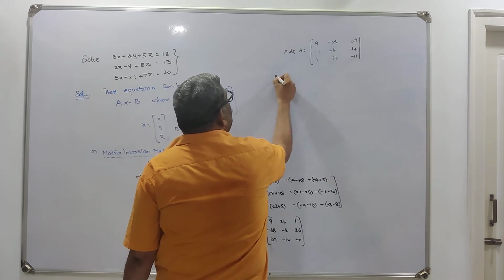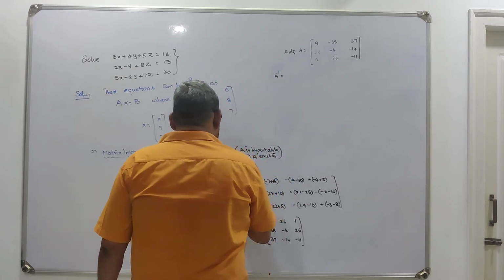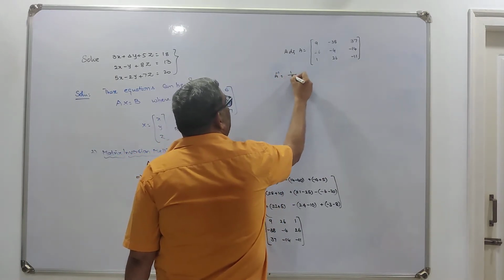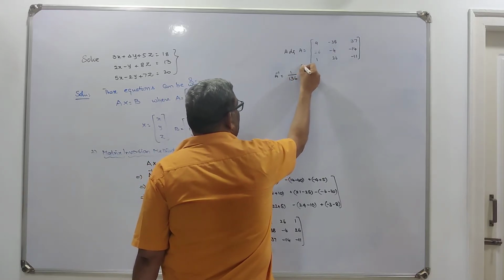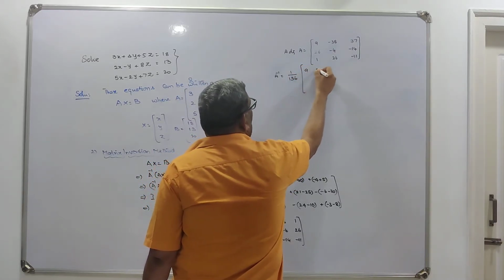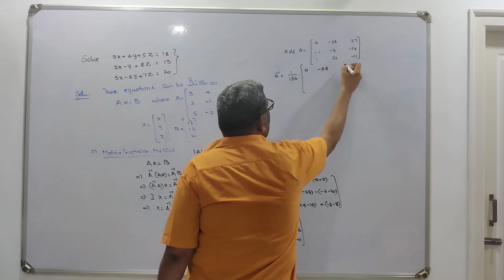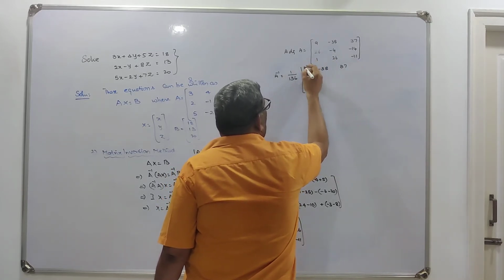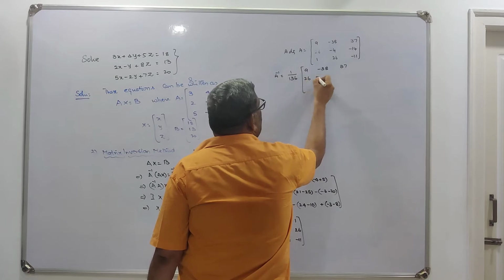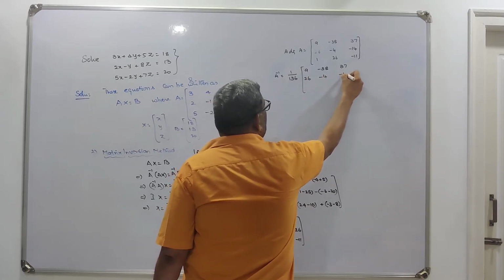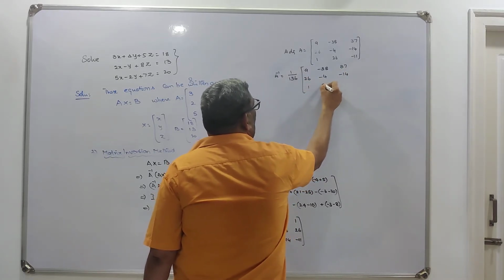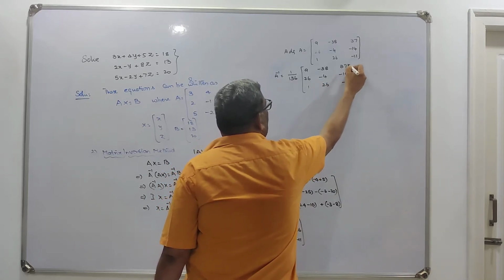Now A inverse is equal to adjoint A by det A, that is 1 by 136 into this matrix: 9, minus 38, 37; 26, minus 4, minus 14; 1, 26 and minus 11.